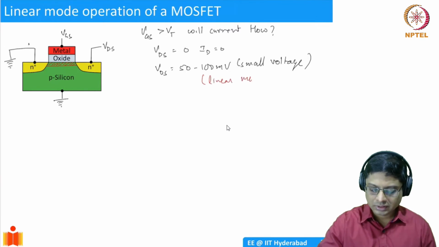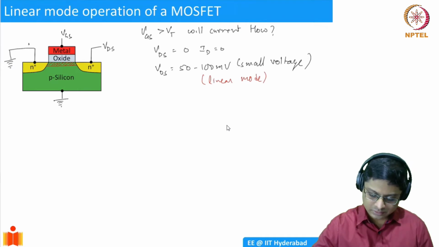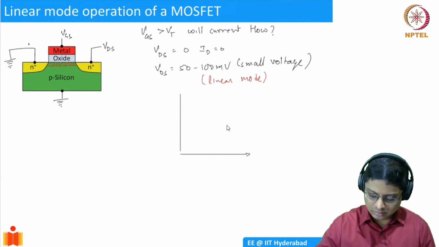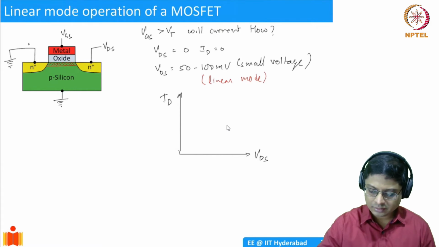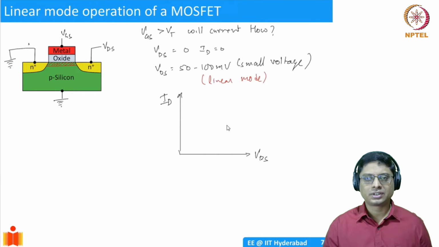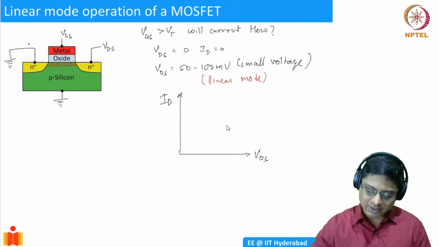The reason we do that is, if you plot ID versus VDS, initially, when there is no voltage, ID is 0, but the moment you start increasing VD, the current starts increasing.